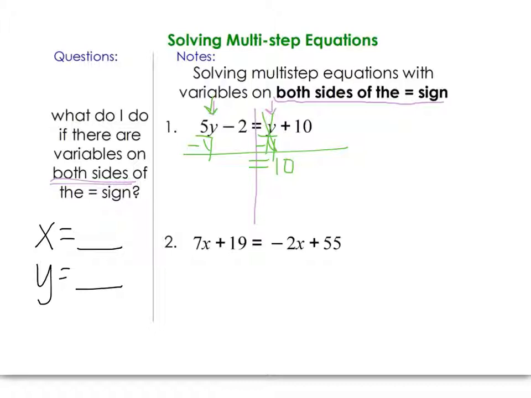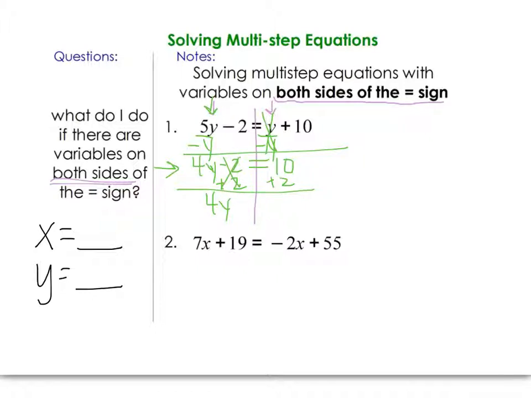5y minus y is 4y. Bring down your minus 2. So you have 4y minus 2 equals 10. Well, this looks like something we did yesterday. How can I get my y alone? Well, I could add 2 to both sides, and I get 4y.